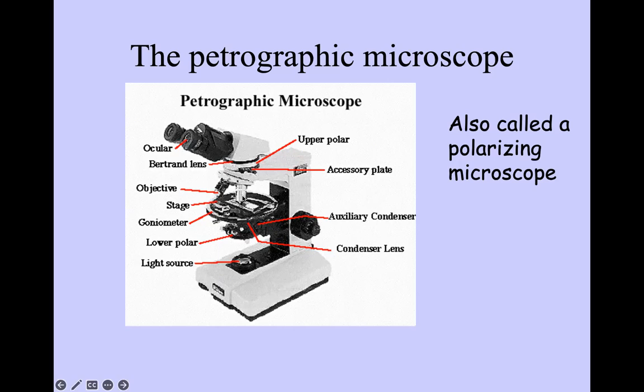Okay, so usually the objective lenses can vary from 5 times the sample size, to 10 times, 40 times, 60 times, like that, or even 100 times. That is the maximum magnification obtainable from an objective lens.